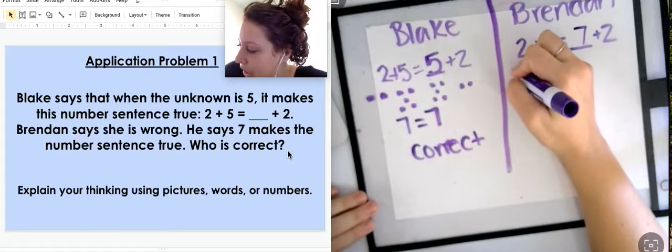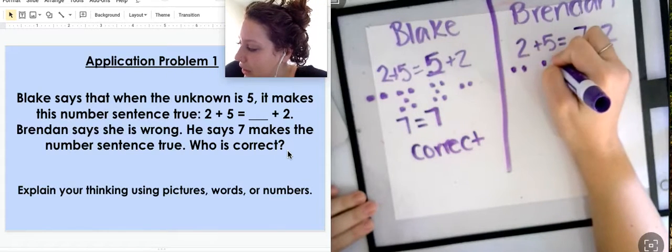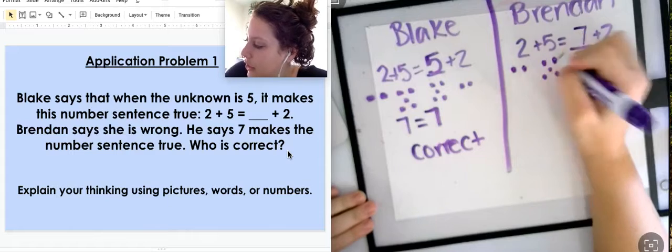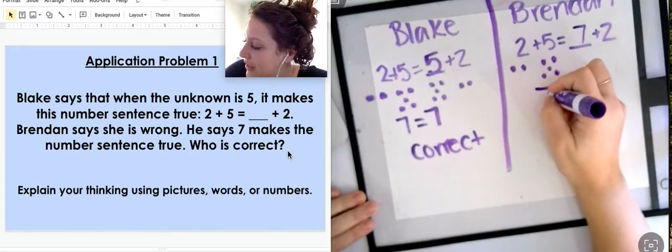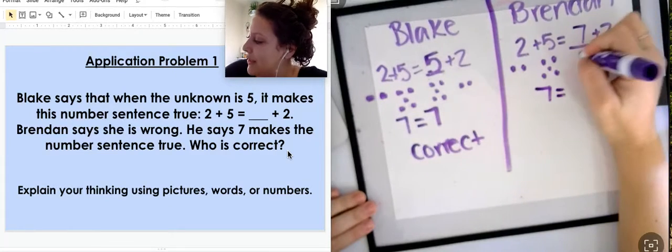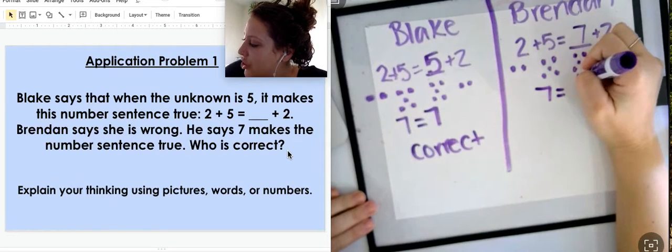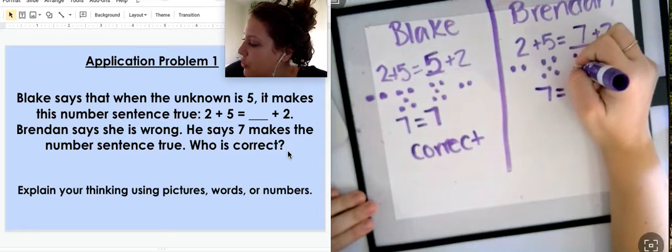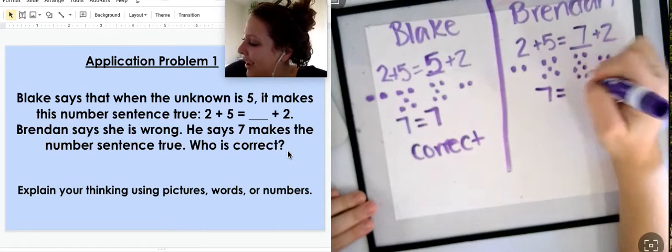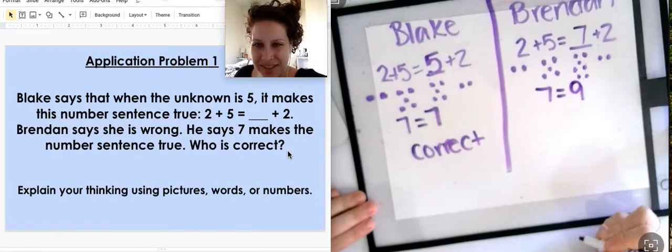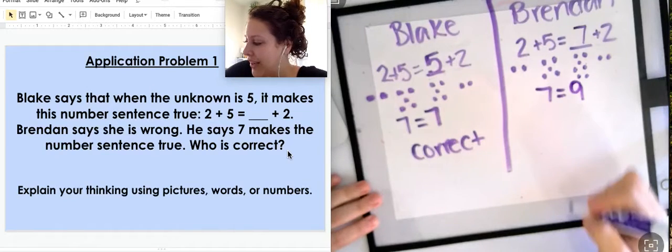So we already showed dots before, but I'm going to show them again. 2 plus 5 is 7. 7 plus 2, 1, 2, 3, 4, 5, 6, 7, 8, 9. 7 equals 9. That's not correct.